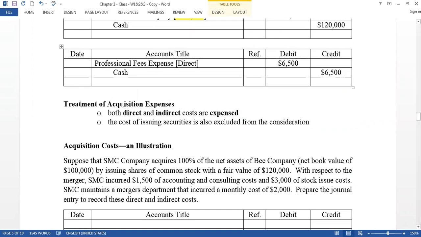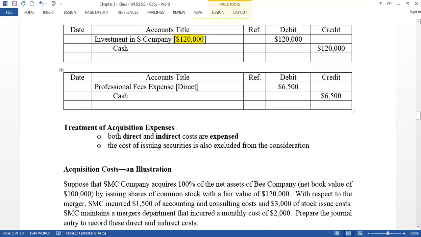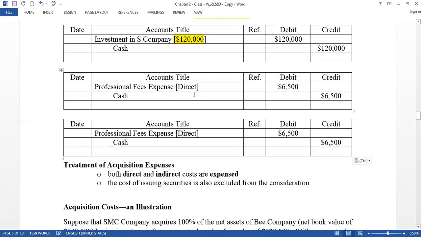When you acquire another company, the direct expenses are called professional fees expense. We have another example, an indirect one, maybe something like merger department expense.